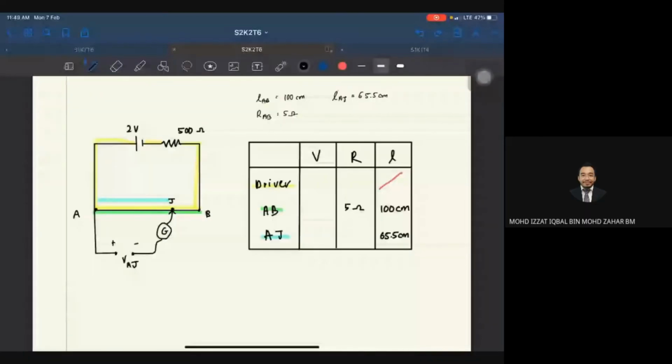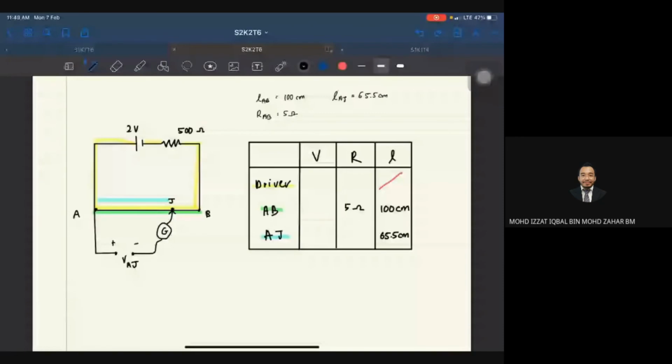But don't forget here there is also some. If we look at RAB, it actually consists of a resistor. You can imagine it as a long resistor, and along the whole resistor its R is 5. So for the driver, it will be 500 plus 5, which becomes 505 ohm. Then the voltage for AB, we don't know. The voltage for AJ, we want to find. So basically, you want to find V for AJ.